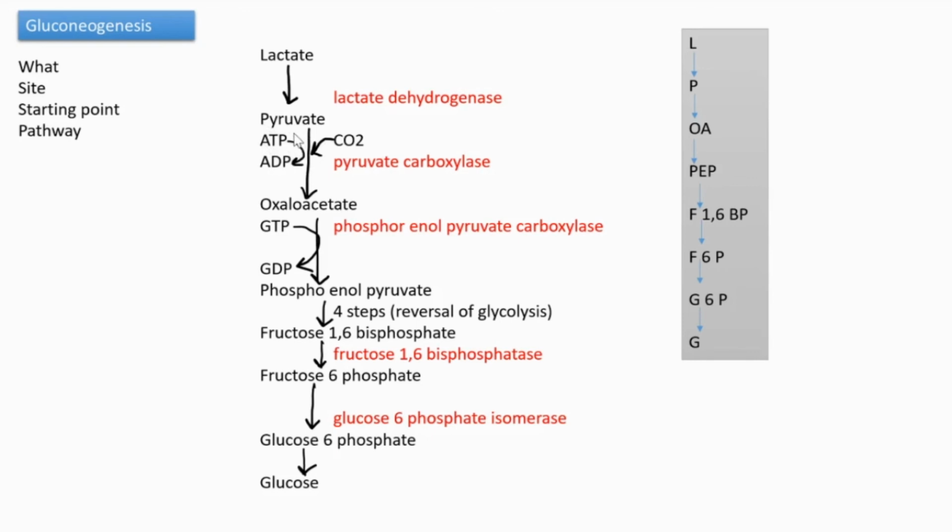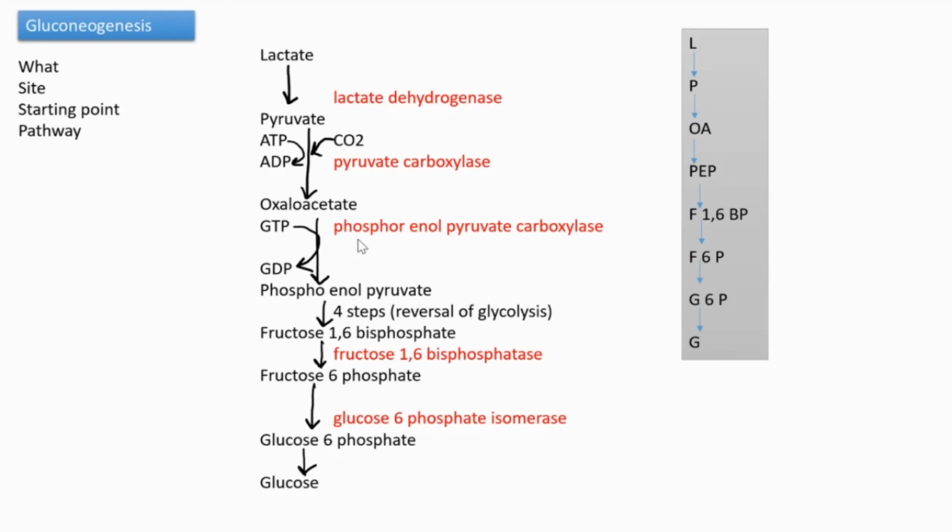So one molecule of ATP is consumed here to get sufficient energy for this step to proceed. The enzyme catalyzing this reaction is pyruvate carboxylase, since carbon dioxide is added here. As a result, oxaloacetate is formed.